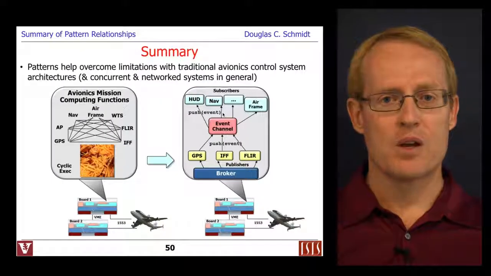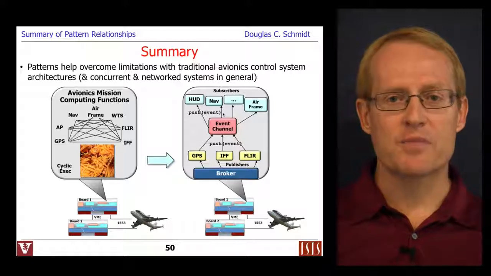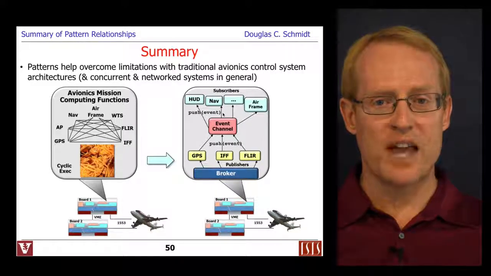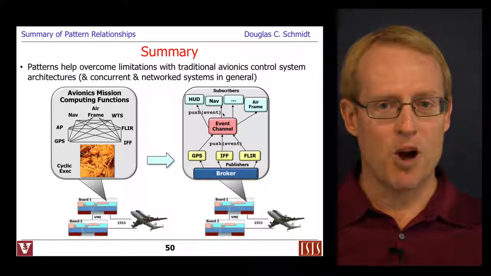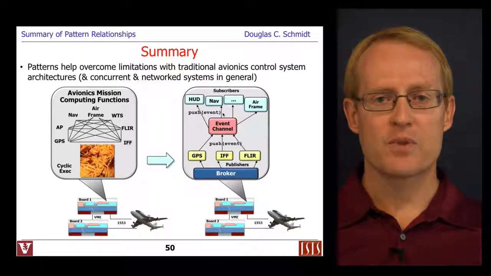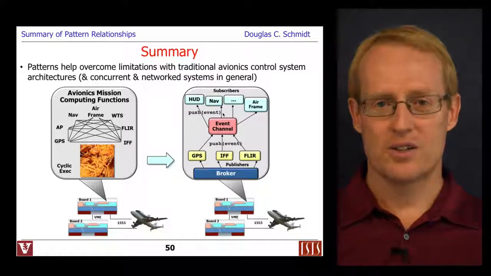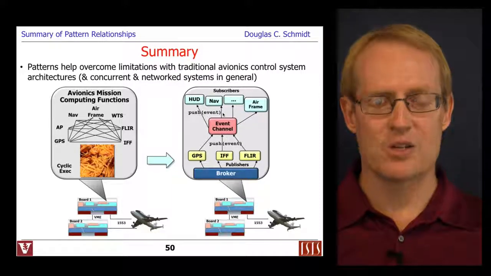So to wrap up this section, patterns help to overcome limitations with traditional avionics mission computing system architectures and control system architectures. Of course, they also help to solve problems in other domains as well, other concurrent and network software.